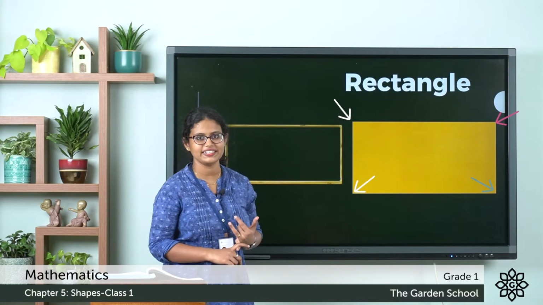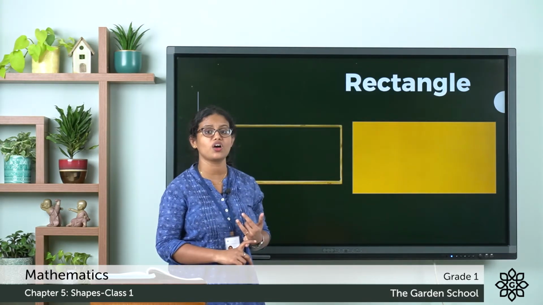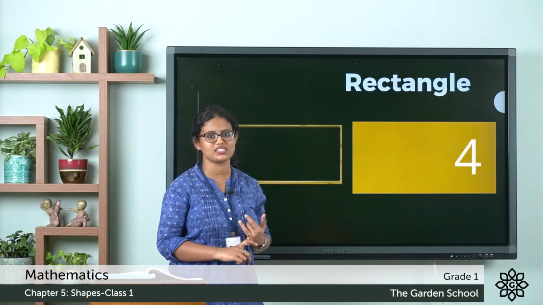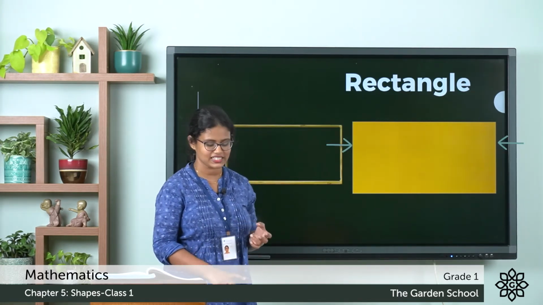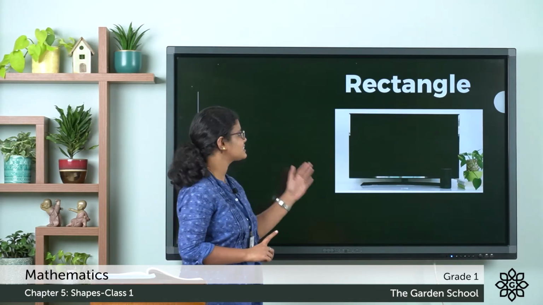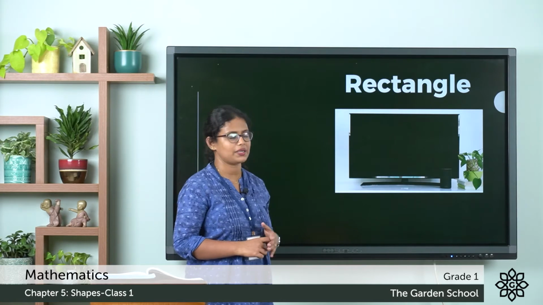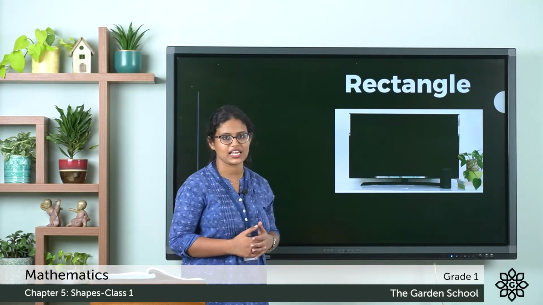So, in a rectangle, how many sides are there? There are 4 sides and how many corners? 4 corners. You can see another example here. This is rectangular in shape. See, 2 longer sides and 2 shorter sides.